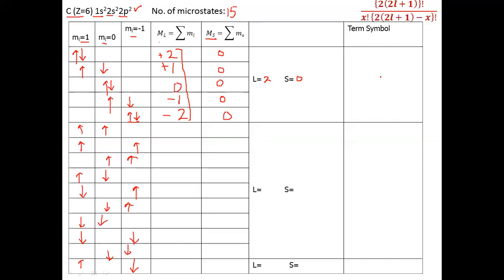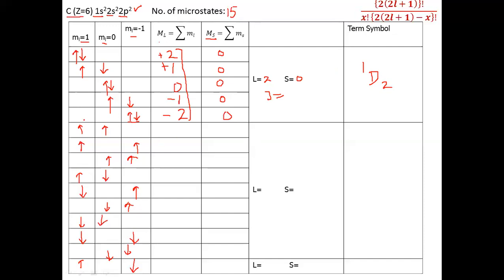So the term symbol is 2S plus 1, 2 into 0 is 0, 0 plus 1 is 1. For L equal to 2, the term is D. So J is 2 plus 0, 2, 2 minus 0, 2. The first term is 1D2.